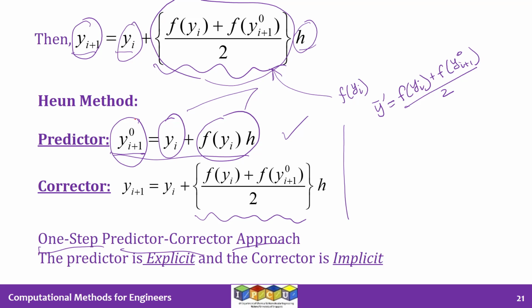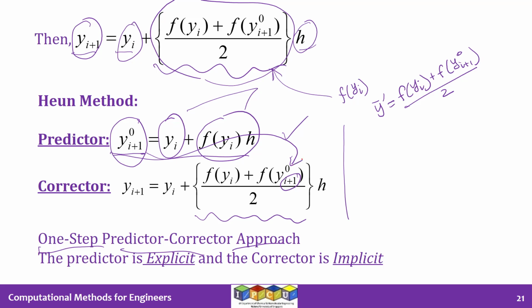When you look at the corrector equation, it is implicit because you have yi plus 1 appearing on the right hand side. Now, as written here, the Hume's method, where we are just looking at a single correction, this corrector equation is also explicit because yi plus 1 0 comes from the predictor step.